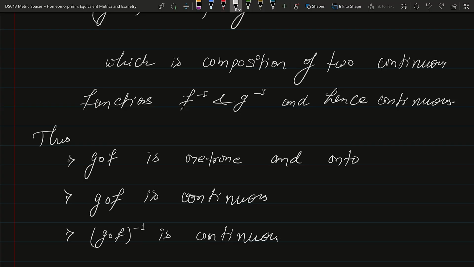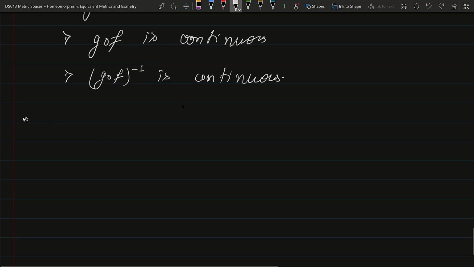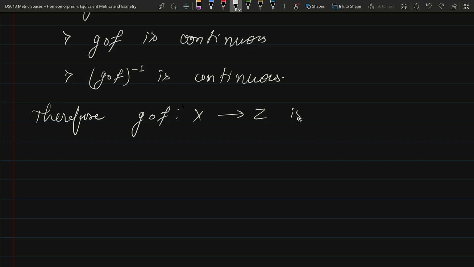Okay, and therefore Z of f defined from X to Z is a homeomorphism. This is just due to the definition of homeomorphism, that this relation is also true from X to Z, or you can say Z is the homeomorphic image of X. So this is how you can identify the reflexive, symmetry and transitive.